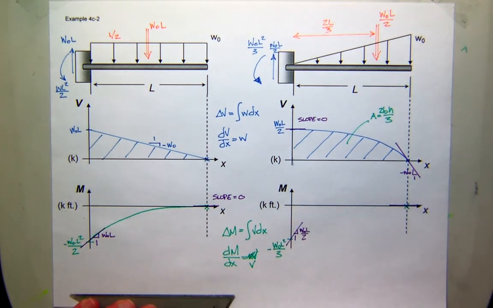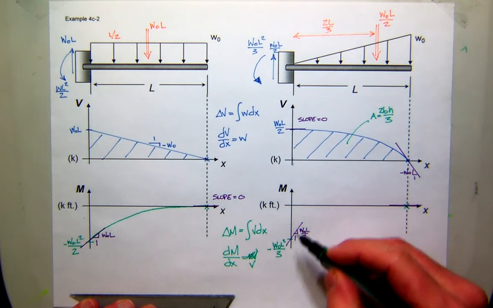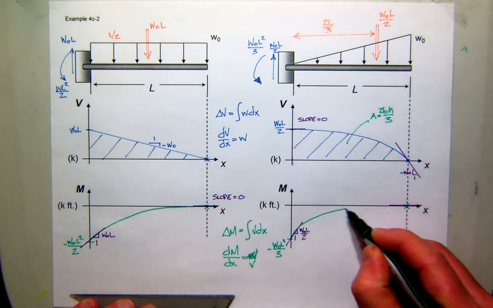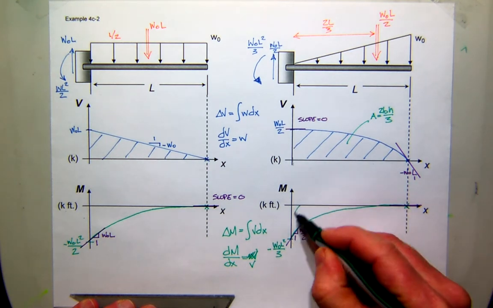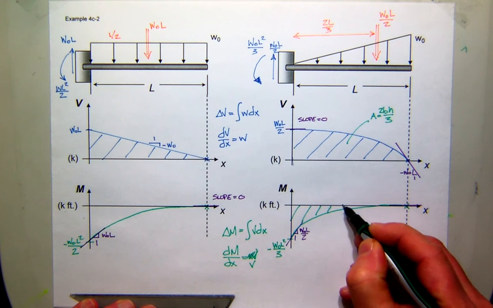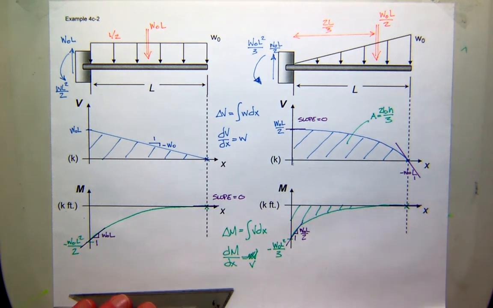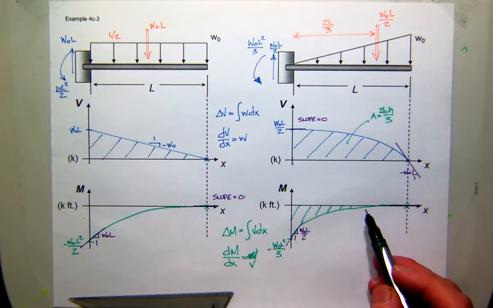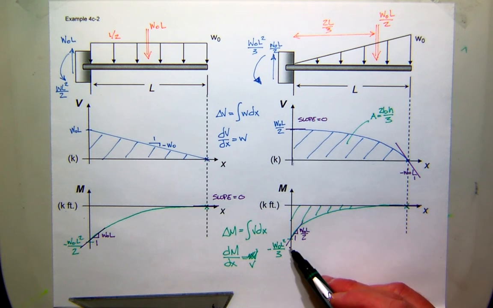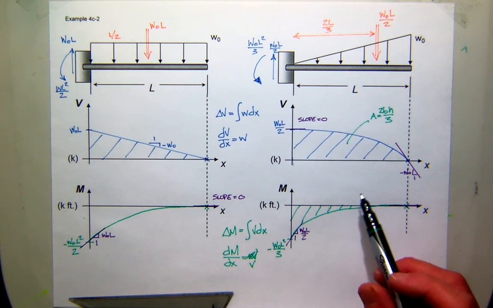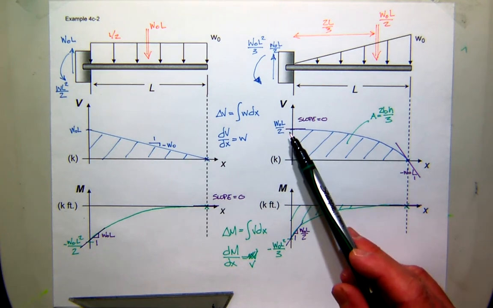So now I'll just connect the dots and the lines. So there's my moment diagram. Again, the curve is not that important, except that where's the maximum moment? There it is. W naught L squared over 3, at the fixed end. Where's the maximum shear? W naught L over 2 also occurs at the fixed end.